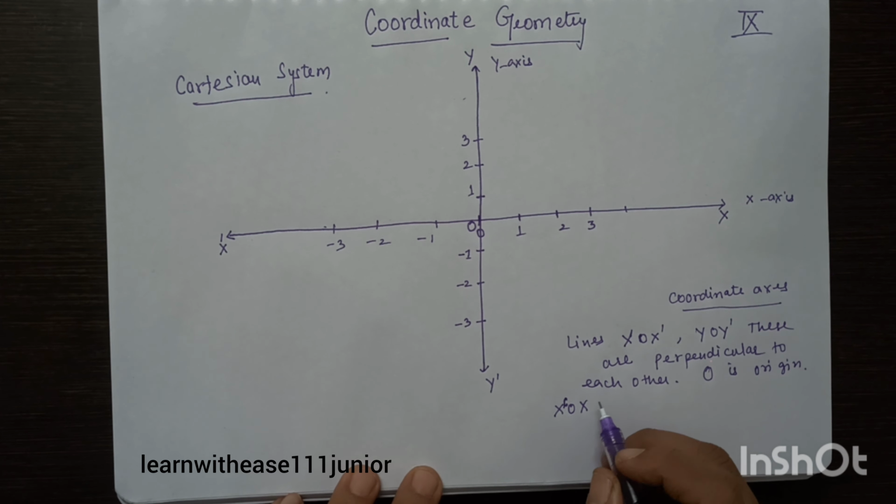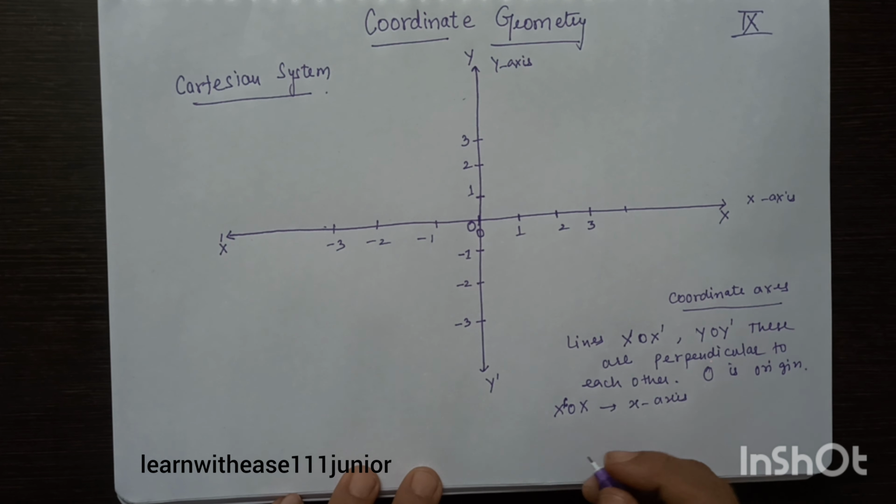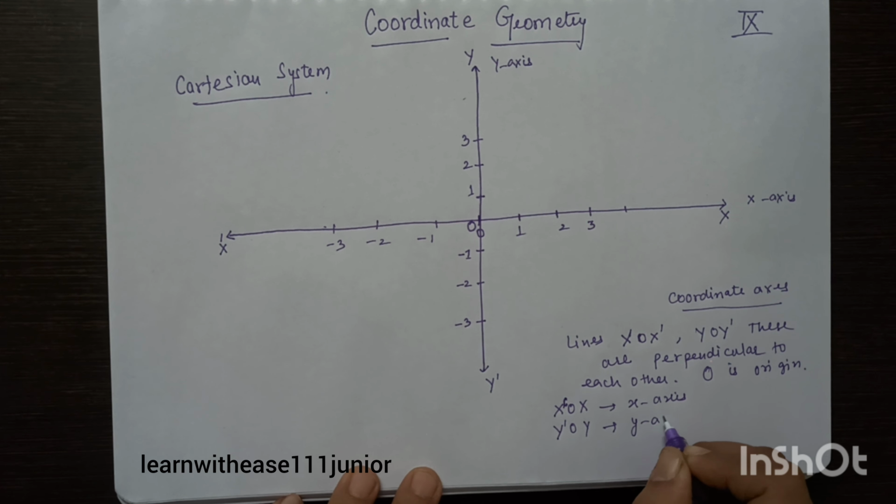So x dash o x is x-axis and y dash o y is y-axis.